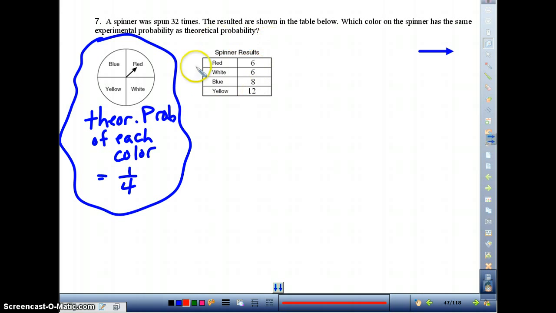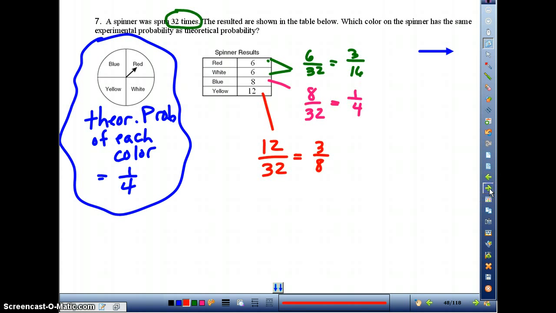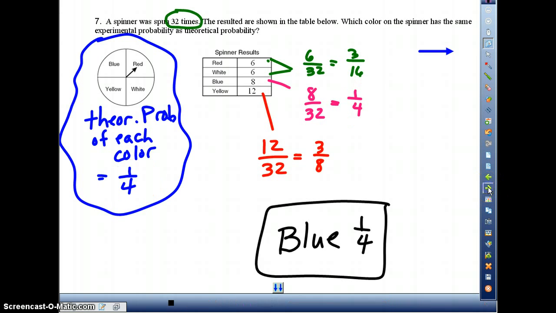So now, based on the experiment, which one of these showed up 1/4 of the time? Well, they said we spun it 32 times, so 6 out of 32 is 3/16. That's not 1/4. 8 out of 32 is a fourth. 12 out of 32 is 3/8. Which one had an experimental probability that's the same as the theoretical probability? Yeah, that was blue.